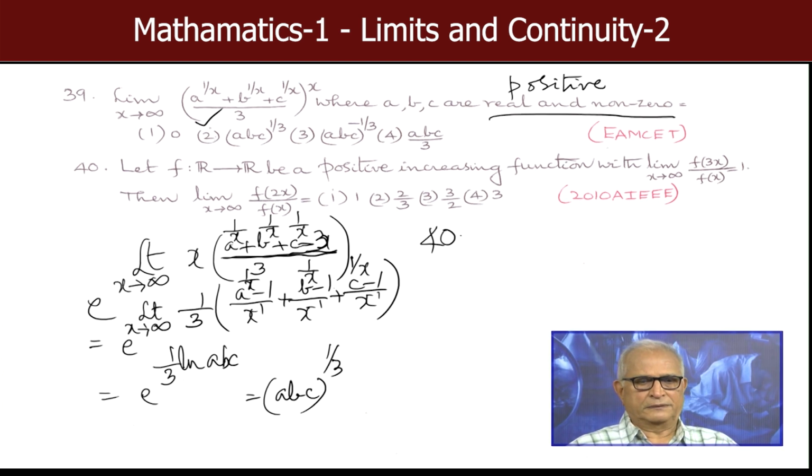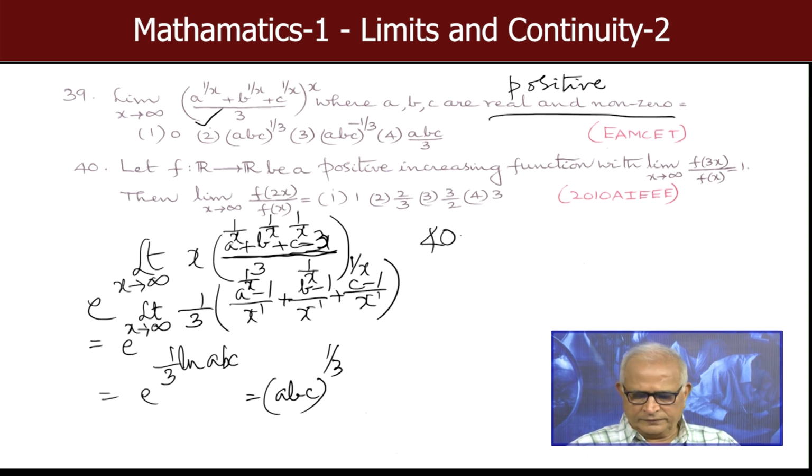Well, it doesn't say whether it is increasing strictly or not, but simply increasing, monotonically increasing, may be strictly increasing or may not be strictly increasing. And also you are given the limit of f of 3x by f x as x tends to plus infinity equal to 1. You are asked to find the limit of f of 2x by f of x as x tends to infinity. What is the value?